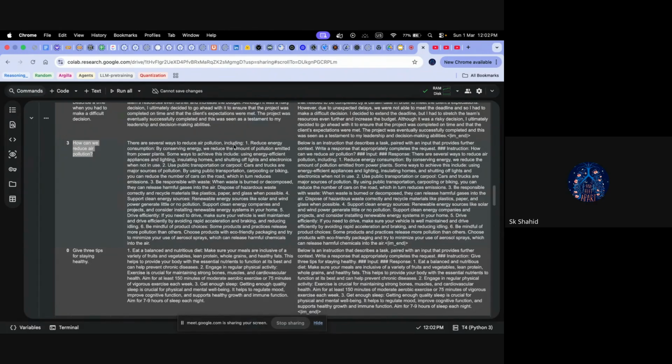The answer sounds like this: reduce energy consumption, use public transport, carpool, be responsible with waste, and other steps. So let's see if this is the phrase we get in our responses. Several ways to reduce this one.